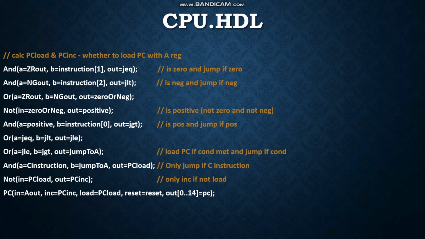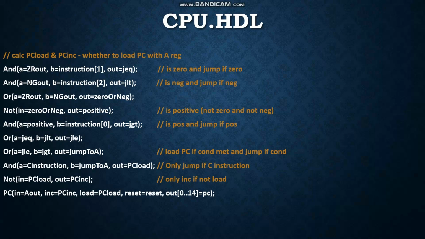The fifth line, an AND gate, checks if positive is true and the least significant bit of instruction is 1, storing the result in JGT. The sixth line, an OR gate, performs a bitwise OR operation between JEQ and JLT, storing the result in JLE. The next OR line performs a bitwise OR operation between JLE and JGT, storing the result in jump to A.